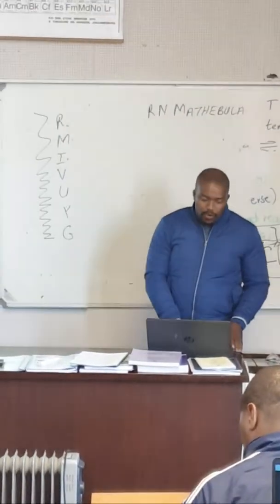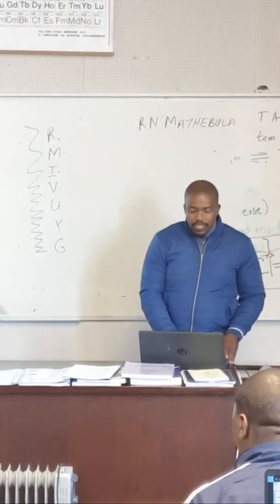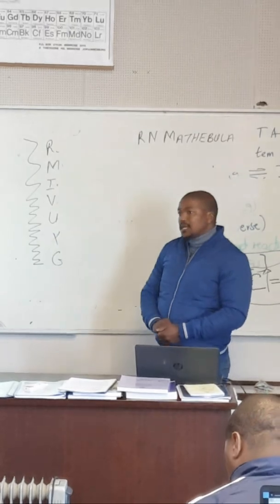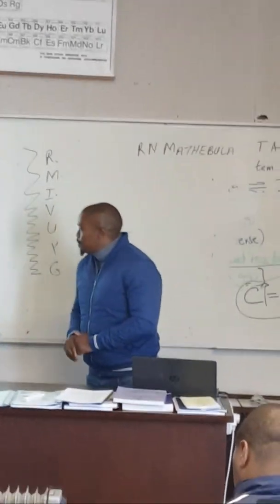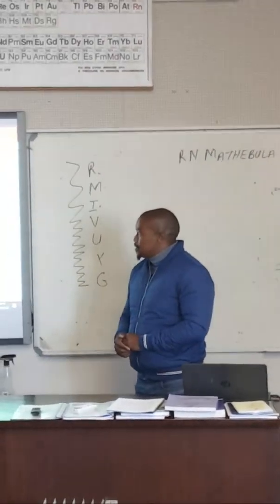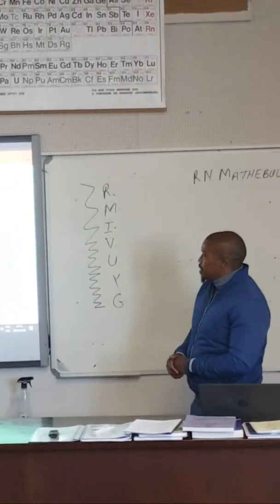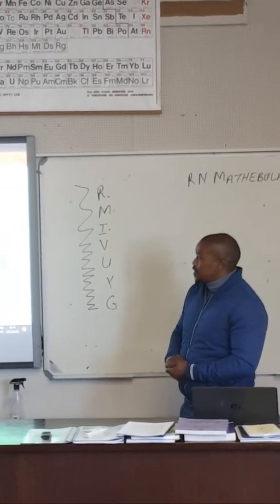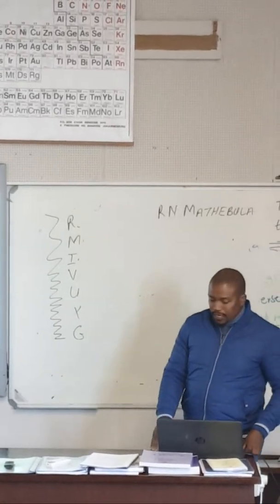From there, when we talk about the photoelectric effect, there are certain definitions that they must know. The first one is of course the photoelectric effect, the process where electrons are ejected from the metal, depending on the threshold.